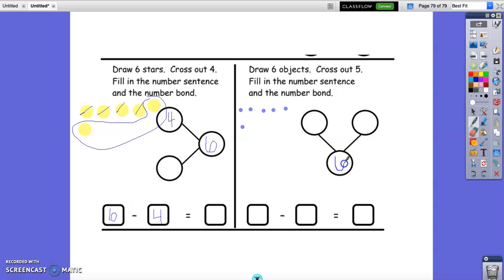That's how many you have all together. Cross out 5 of them. 1, 2, 3, 4, 5. Circle what's left. So you had 6. Linus took 5. How many do you have left?